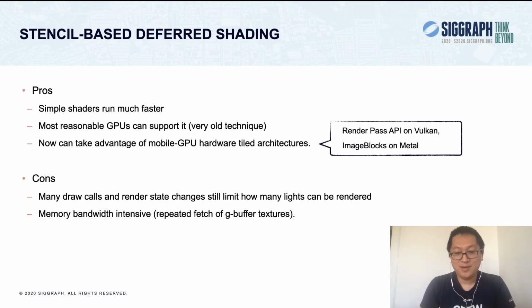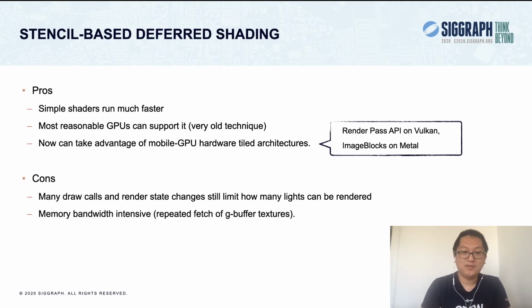And nowadays, with mobile GPUs, you can take advantage of the hardware tiled architectures, where you render everything on tile, so you can cache the gbuffer inside the tile memory and then just fetch it very cheaply for the shading. It's exposed as render pass API on Vulkan, and as image blocks on Metal, for instance.